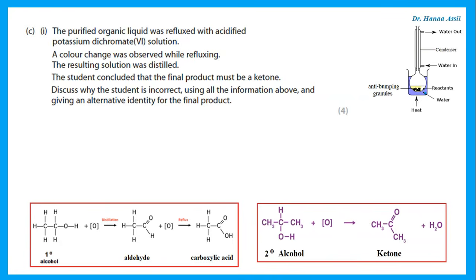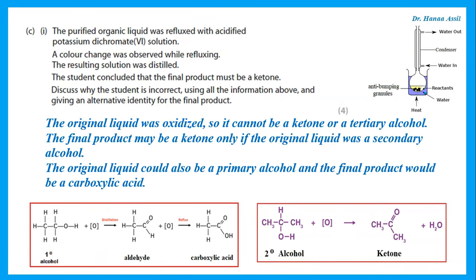Of course, if we're starting with the organic liquid as a ketone or as a tertiary alcohol, it will not be oxidized. It cannot react with potassium dichromate. So the final conclusion is, okay, the original liquid was oxidized, so that original liquid cannot be a ketone or a tertiary alcohol.